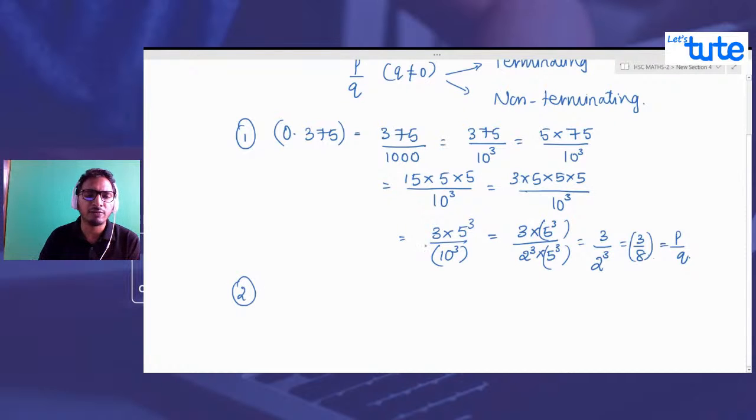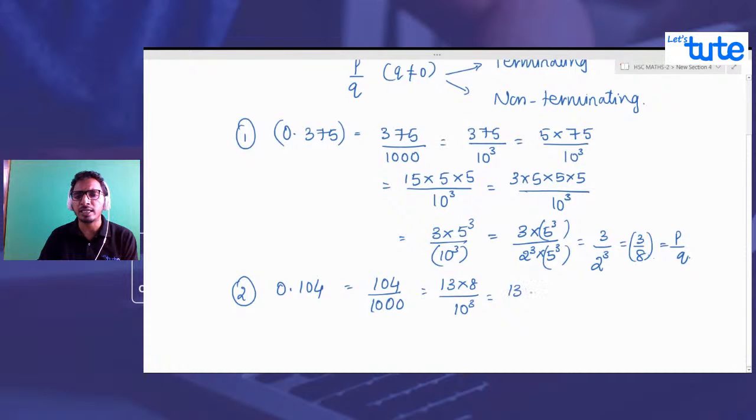Similarly, let us take one more example, 0.104. Now this can be written as 104 upon 1000, because we have 3 digits after the decimal. And this 104 can be written as 13 eights are 104, and 1000 is 10 cubed.